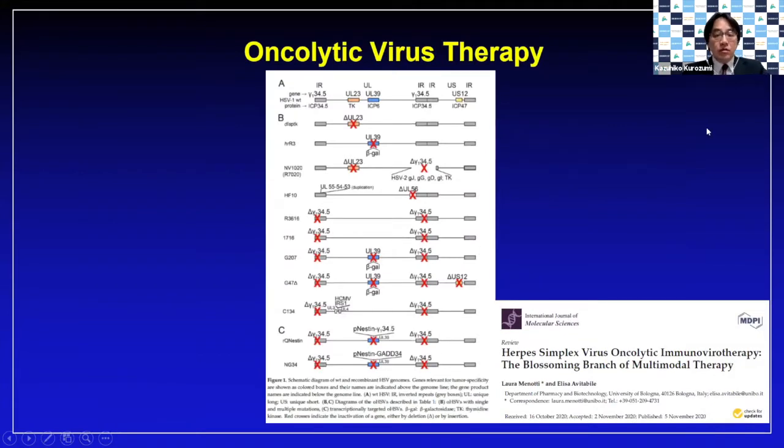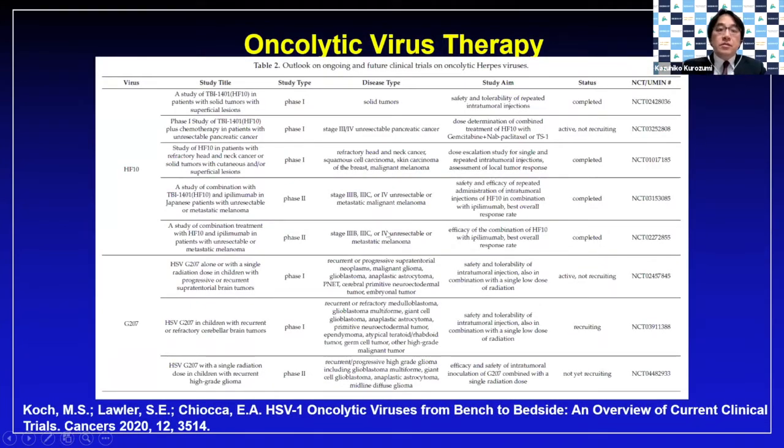This is a construct for those oncolytic viruses. HF10 and G207 are in ongoing clinical trials.